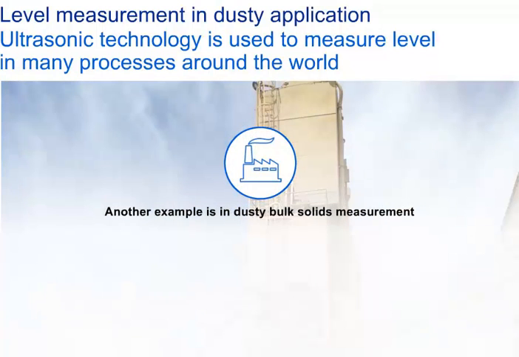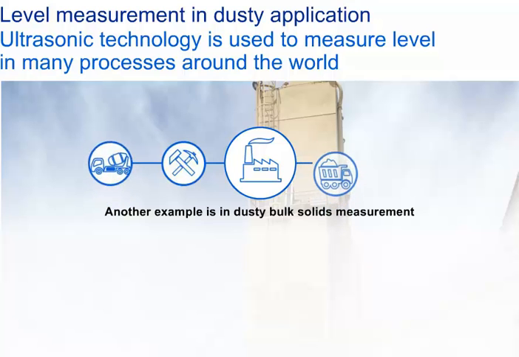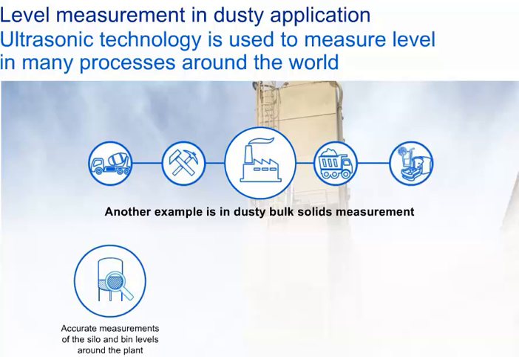Another example is commonly found in mining, cement, aggregates, and food and beverage industries. These plants store, process, and distribute dusty materials for use in the food we eat or as raw materials used to build roads and buildings. Within its process, this plant must have accurate measurements of the silo and bin levels around the plant.